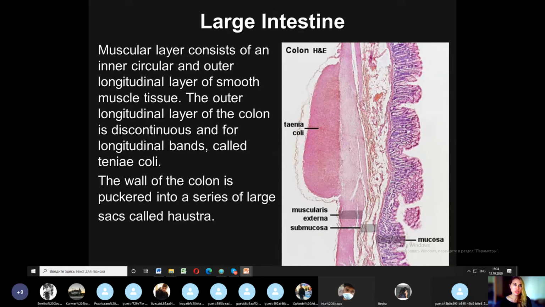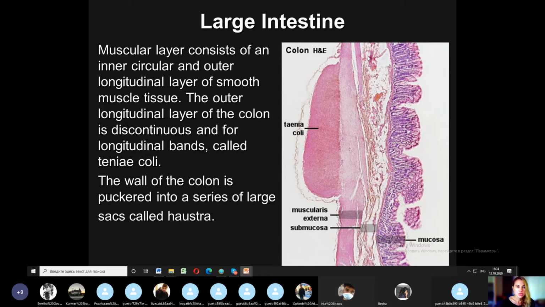However, the large intestine is a terminal part of the digestive system. Also, if we look into the relief of the large intestine, we cannot see the finger-like projections, which we call villi, only invaginations or crypts. So here we can see the numerous crypts of the large intestine. So this is a second structural feature.